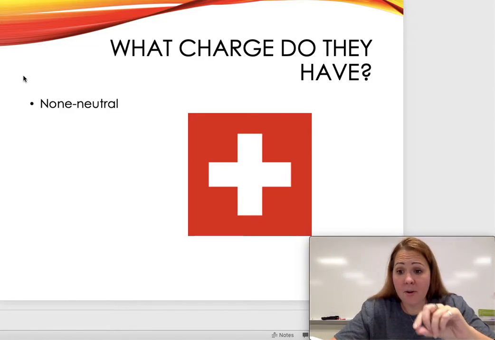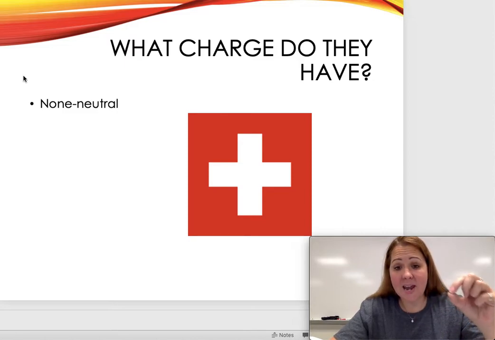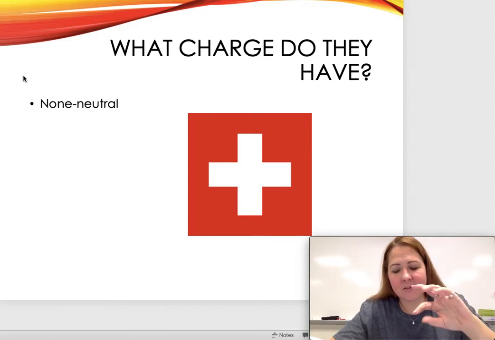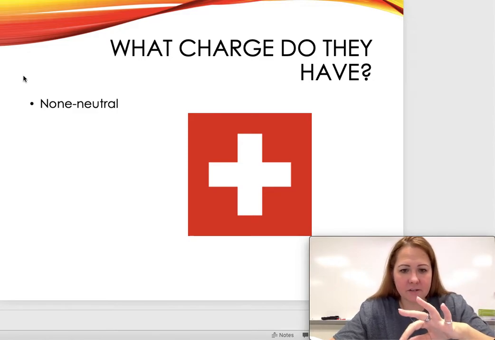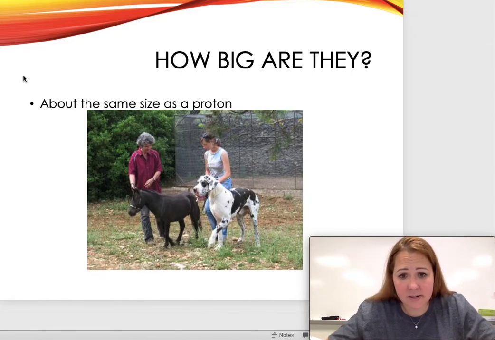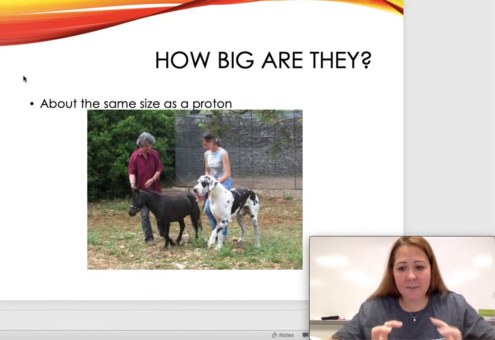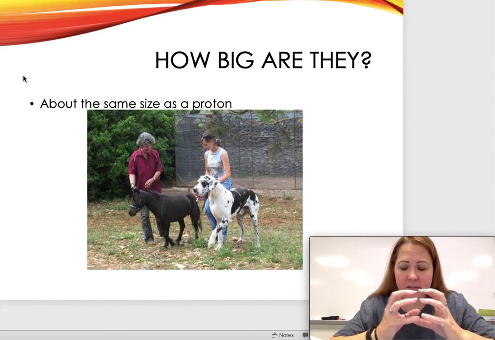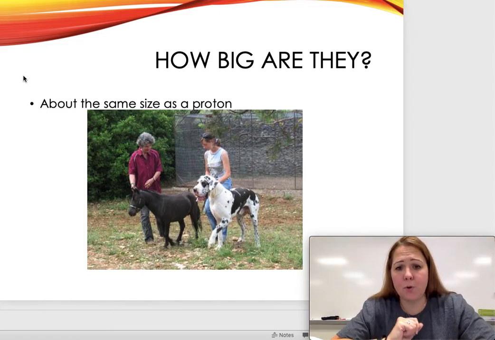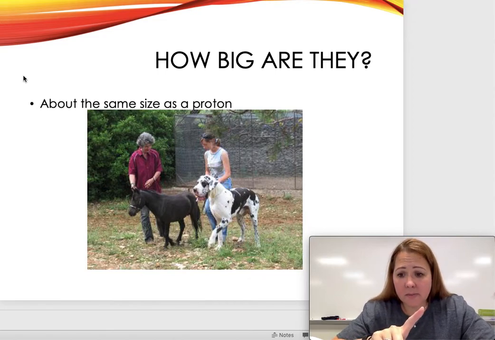So what they hypothesized was we have a neutral part of the atom to cancel out the negative and the positive charges. And the neutral part of the atom is about the same size as a proton. So what happens there, it actually helps to absorb away some of that positive charge to make it super, super, super compact. So it's going to be the same size as a proton.